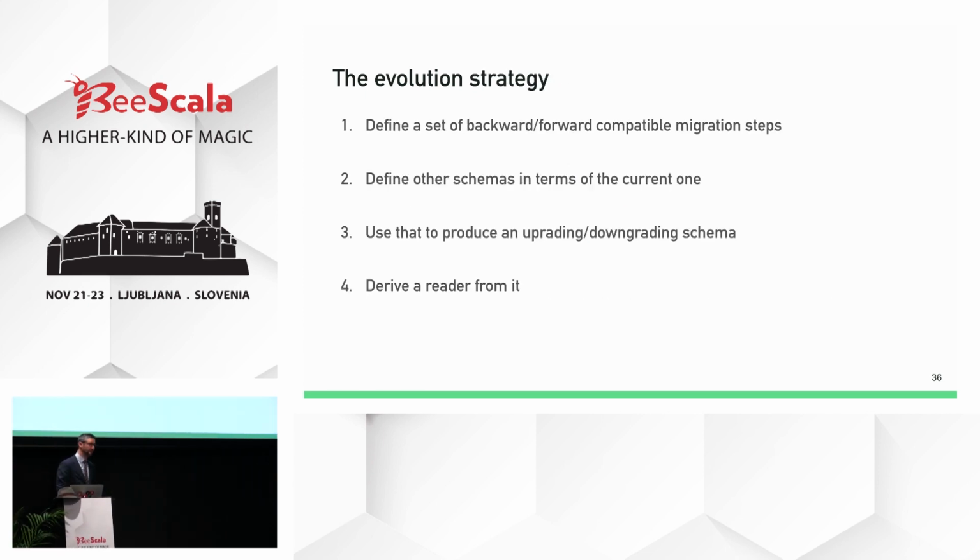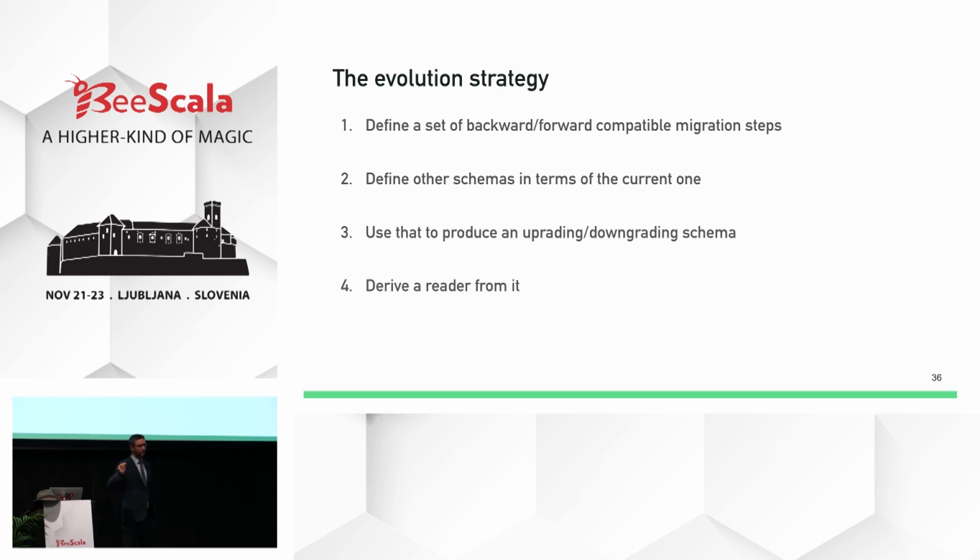So here is the naive strategy we tried to solve that problem in Schema Set. First, you need to define what is a backward or forward compatible modification of the ADT, because not all the changes you can do on the ADTs will give you backward compatible transformations.